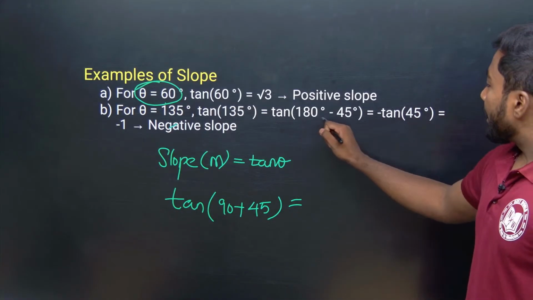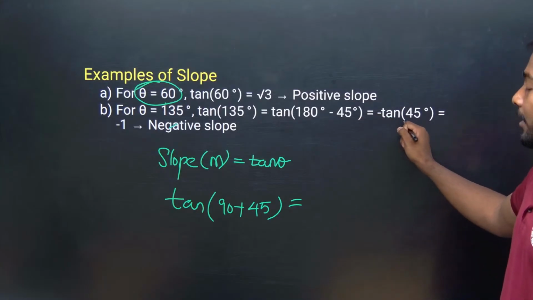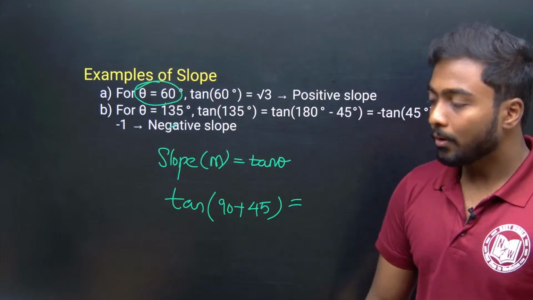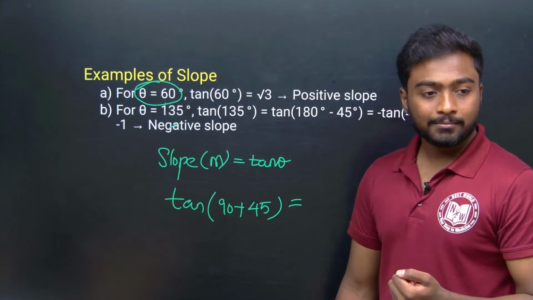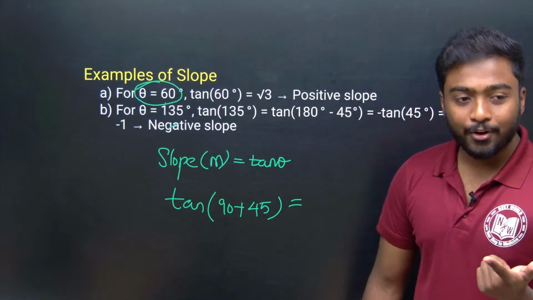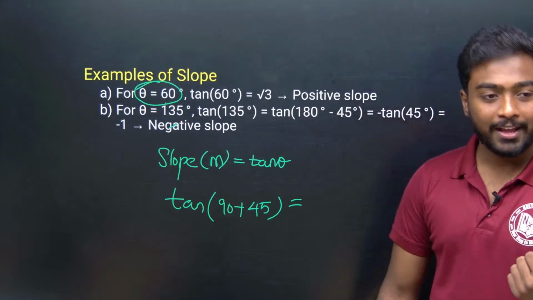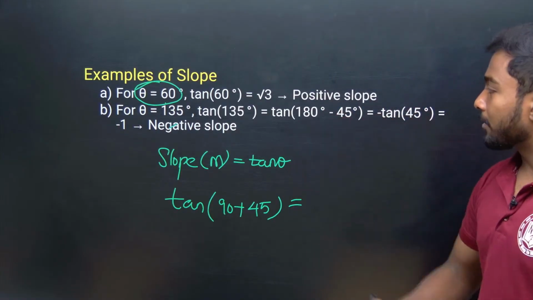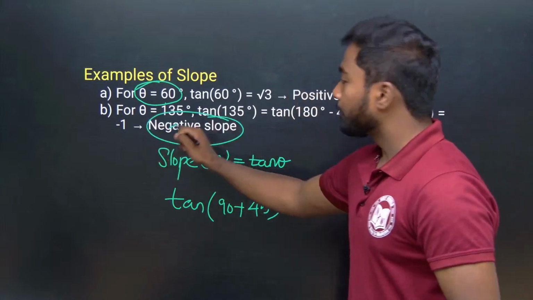If I take 180 minus 45, it is minus tan 45. What is the value for tan 45? 1 by root 2 or 1? 1. Cos 45 and sin 45 are 1 by root 2, 1 by root 2. If I take tan 45, sin by cos, it is 1. So minus 1. So it is a negative slope.